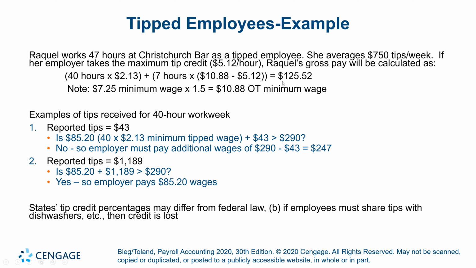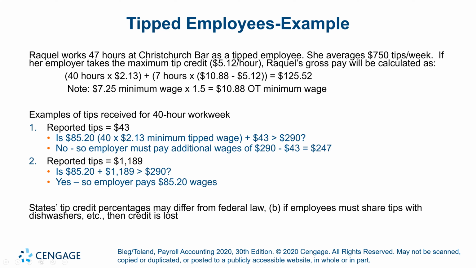And so the gross earnings for that employee, and what the employer would actually have to pay that employee, is $125.52. And so that would be in addition to the tips that she got for that week, right?